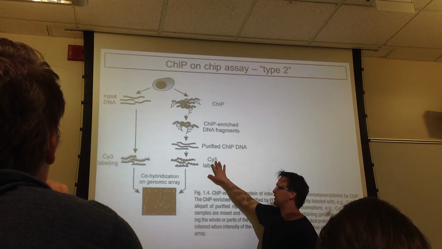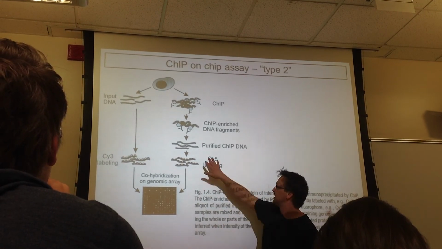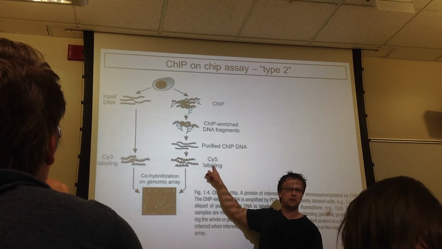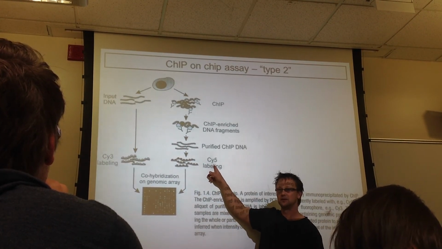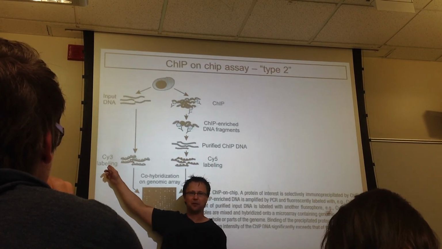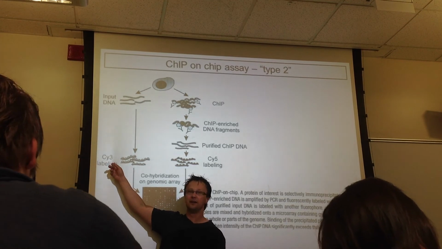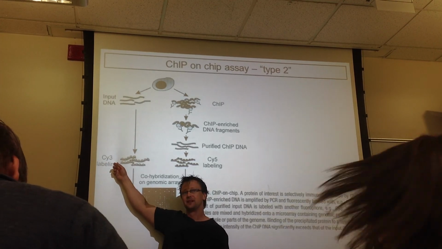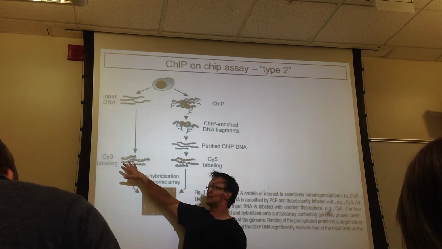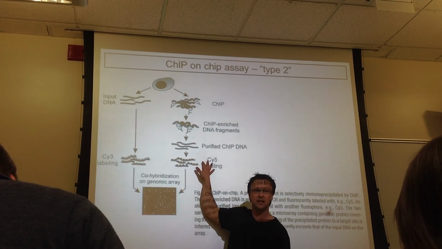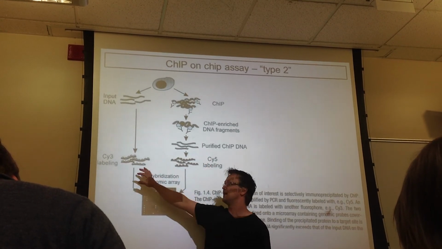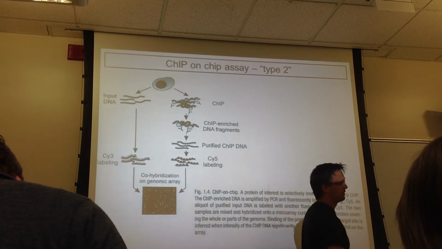And if your DNA sequence A is much more enriched here, then it should glow with this side, which I don't remember if that's red or green. One of the two. So let's say it's red. I don't remember. And if your spots turn red, then that means that it was not immunoprecipitated. But if it turns green, then that means it was much more abundant in this sample than this, and so you can feel confident about it.